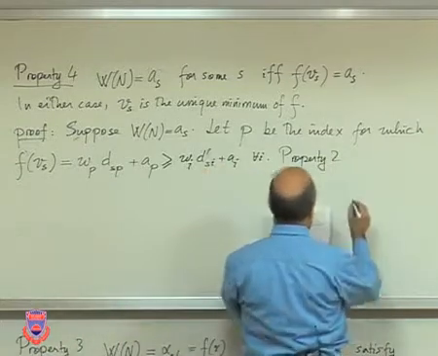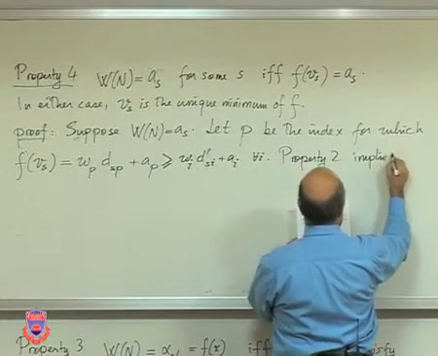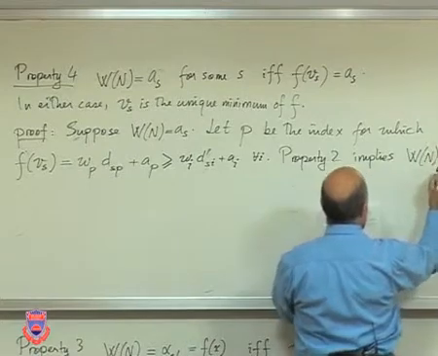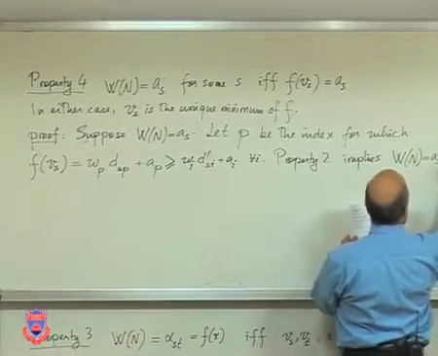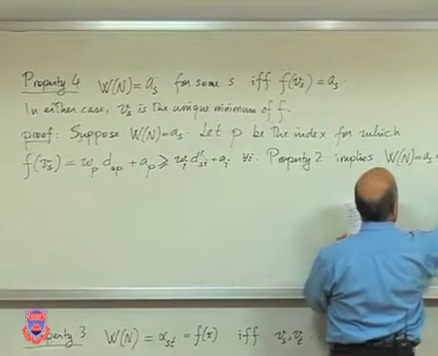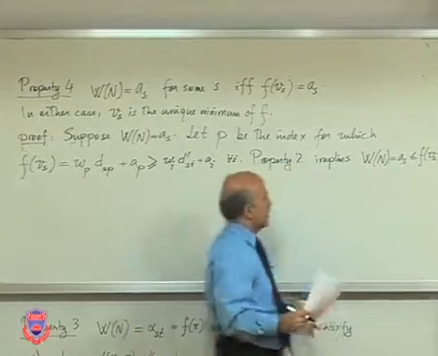Now, if you recall property 2, property 2 implies Wn is equal to As by assumption, that's greater or equal to f of x. So in particular, f of Vs.